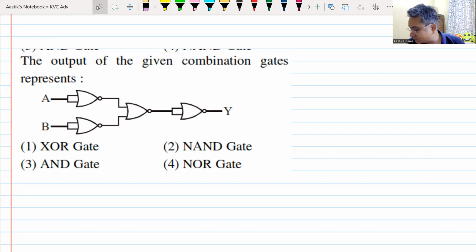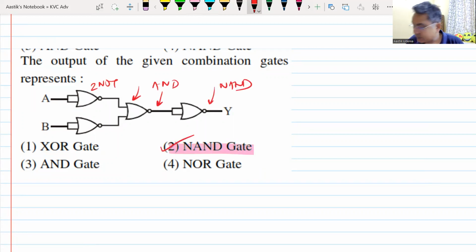What is the answer? AND gate. The answer is an AND gate. I told you 2 NOT plus NOR will give you AND, and the inverse of AND is NAND. So the correct answer is this one.